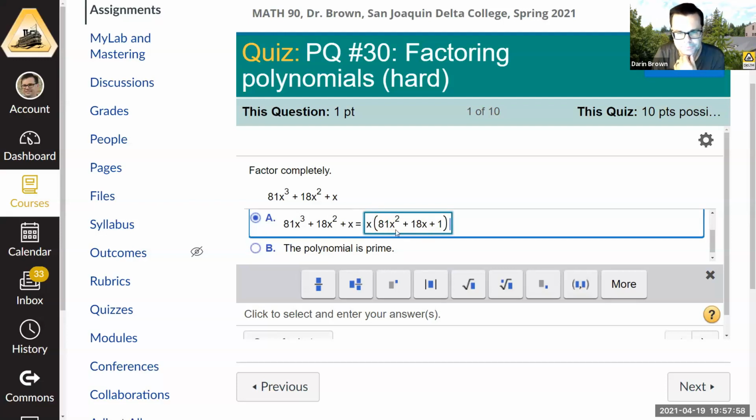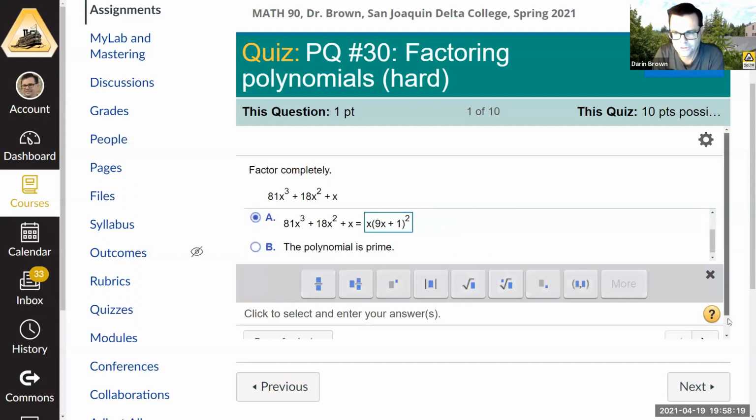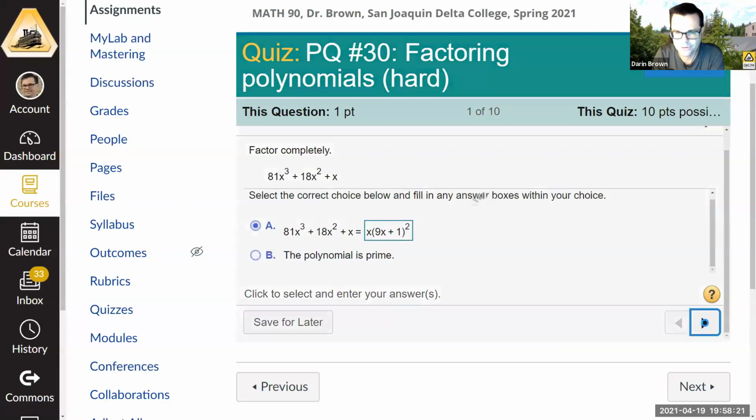It doesn't look like it, but it's 9x, that's 9x all squared, and then 1 squared. The middle term matches. So this is x times 9x plus 1 all squared. And I will remember not to leave this stuff over here. There we go. So it's a GCF followed by a perfect square trinomial formula.